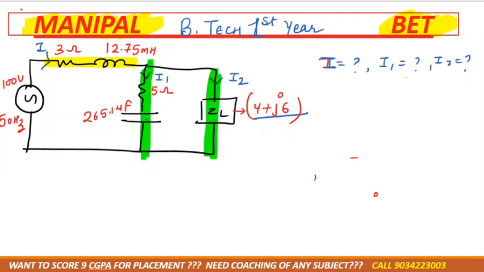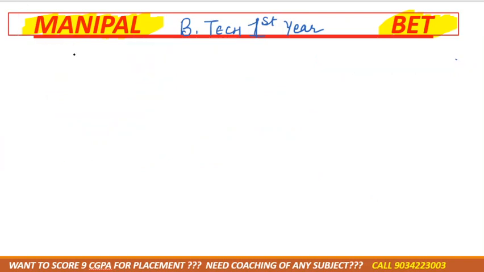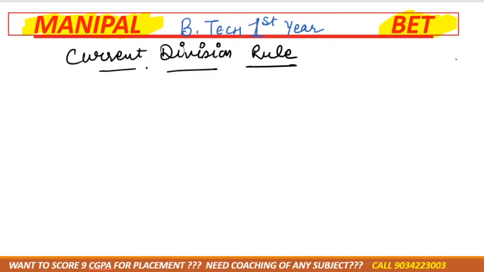So most of the time, we'll use the current division rule for these kinds of circuit. What is the current division rule? I'll tell you first the simple method. The current division rule is used to calculate current, the very first thing. Second thing, the current division rule is applicable only in a parallel circuit.